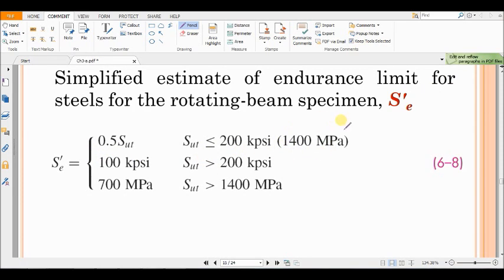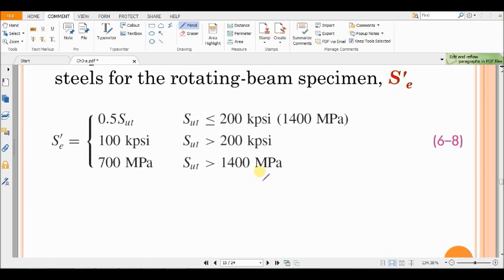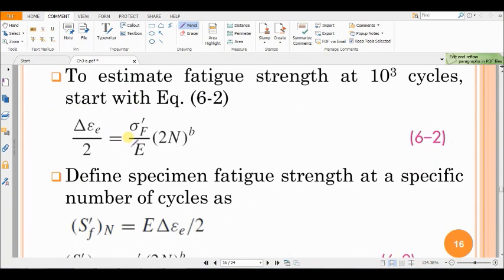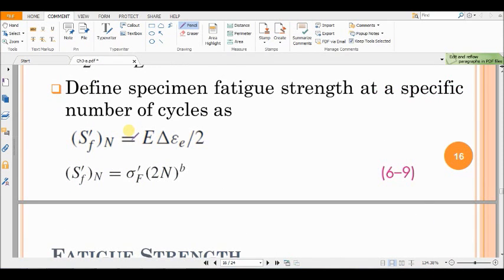Basically, when the ultimate strength of the material is below 1400 megapascal, we can use this equation to estimate the endurance strength. And for a material whose ultimate strength is greater than 1400 megapascal, the endurance strength is 700 megapascal.